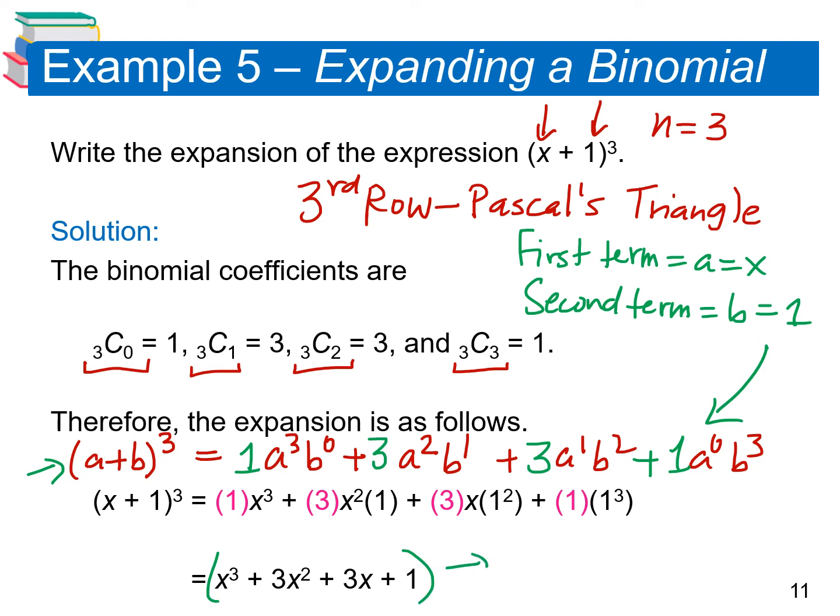So this is the total final answer where you have got the binomial expansion of the term x plus y to the power 3. So I've explained both the methods in this video where you can do the binomial expansion and find the binomial coefficients using Pascal's triangle or otherwise using the binomial theorem.